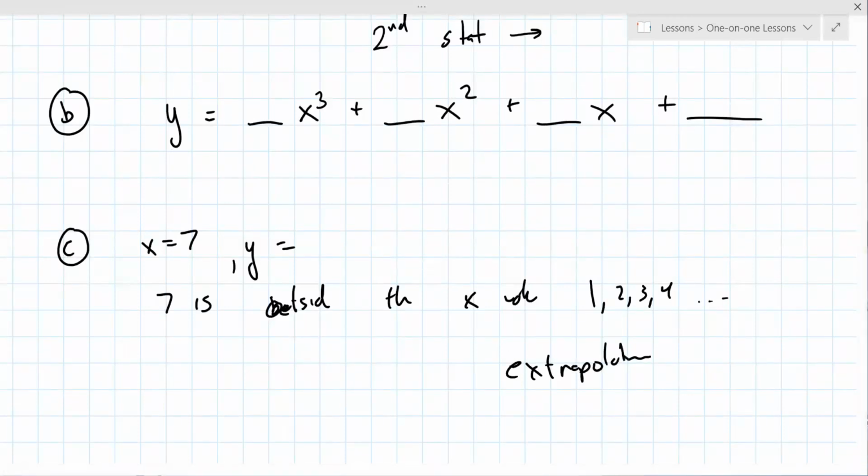Let me see if I can get those coefficients for you. Give me just a moment here to log into something else. That'll do it pretty quickly for me. All right. And we'll close out the lesson with that. So let me get that for you.